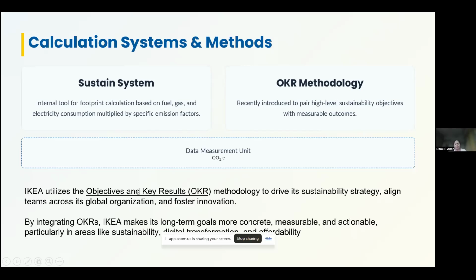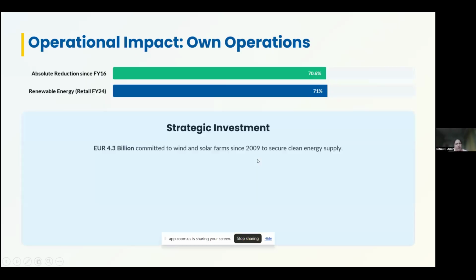They use the objectives and key results methodology, again, to better measure and monitor the objectives, the outcomes. The data measurement unit is, of course, CO2 equivalent.